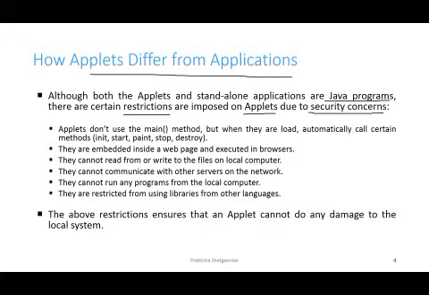So due to security concerns, these restrictions are imposed. First, applets don't use the main method, but when they are loaded, they automatically call certain methods: init, start or paint, stop and destroy, that we will see in the next slide.